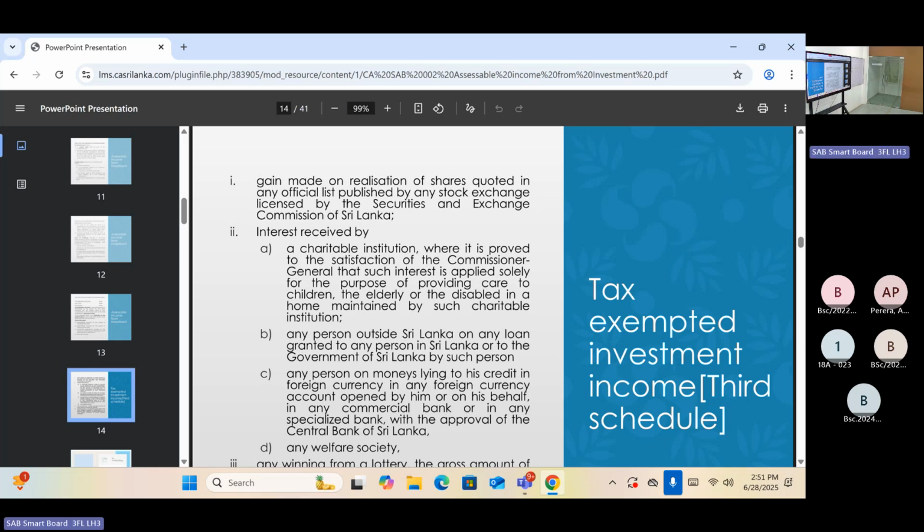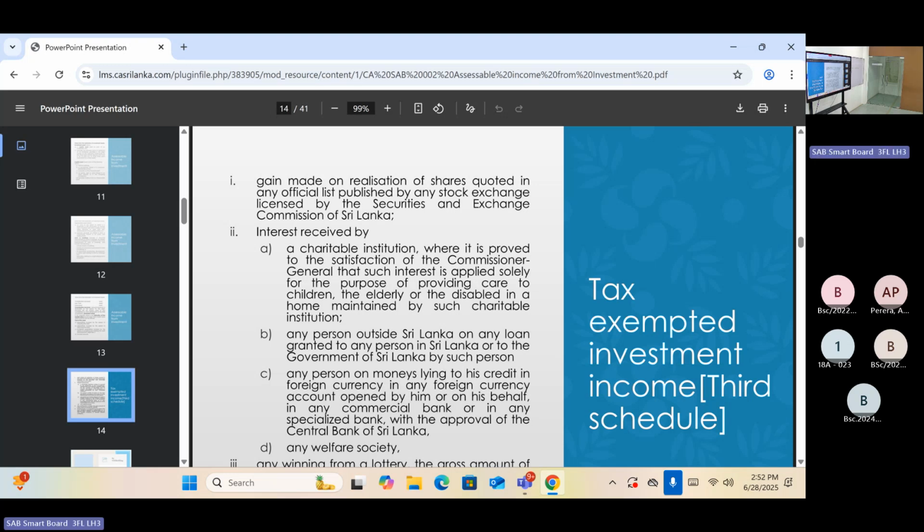Buyer and seller both have to pay 0.3% tax or levy on the acquisition cost or the disposal cost. On that, both seller and buyer are paying the share transaction levy. So therefore, that income is also coming to the government. The huge income, the turnover.